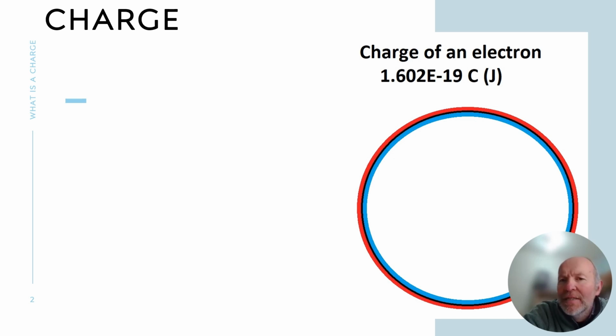So large C stands for coulombs. That's a measure of charge, and that is based on joules of energy. So how many joules of energy does an electron carry? 1.602 to the -19 coulombs. So that's a very, very small number.